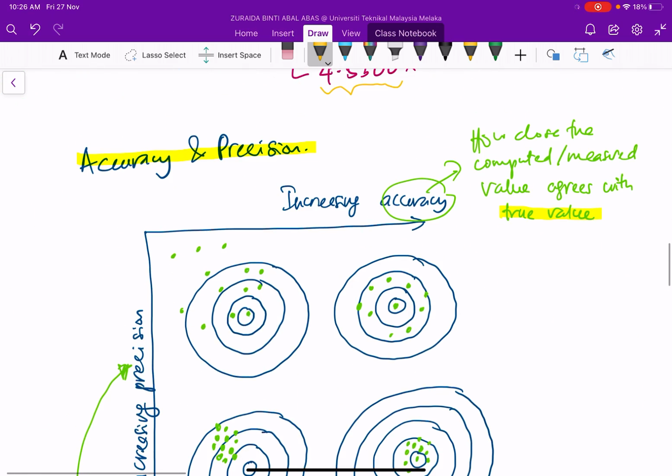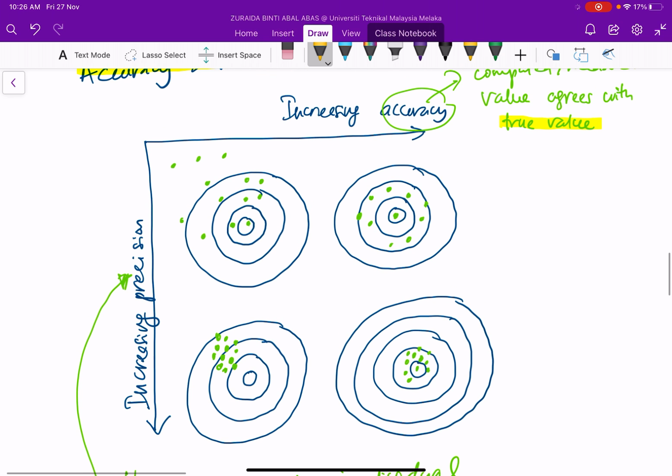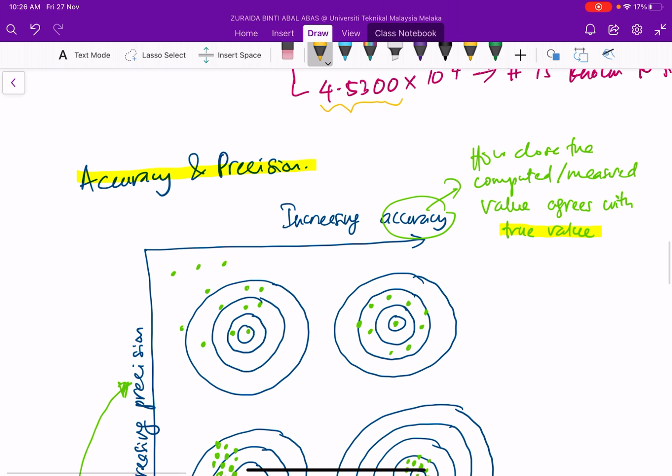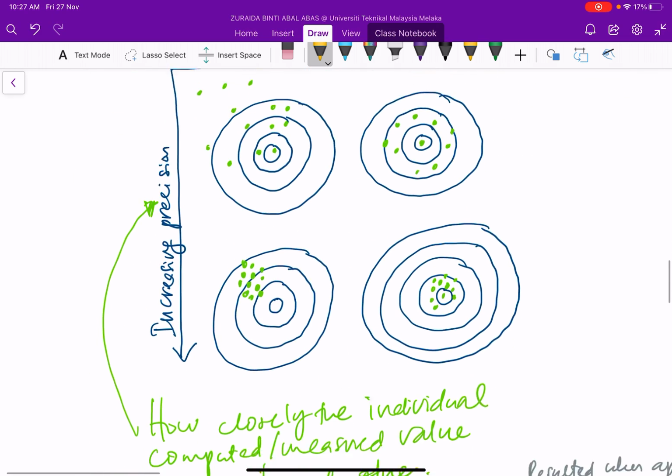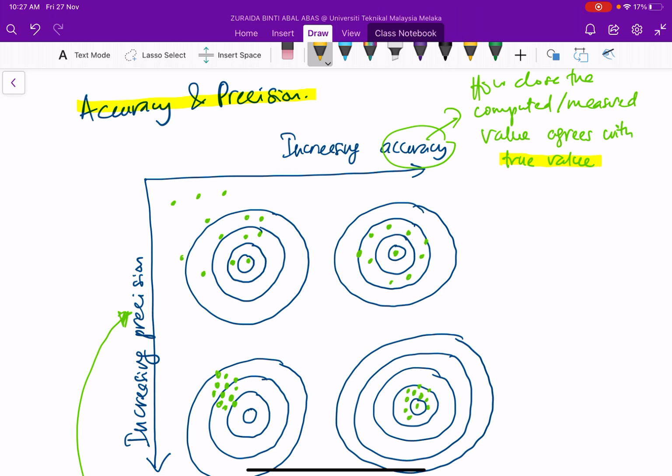How about accuracy? These are the figures that I got from the textbook. Accuracy refers to how close the computed or measured value agrees with the true value, while precision is how closely the individual computed or measured values agree with each other. The first figure here has low accuracy and low precision.